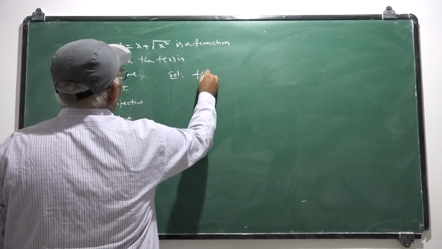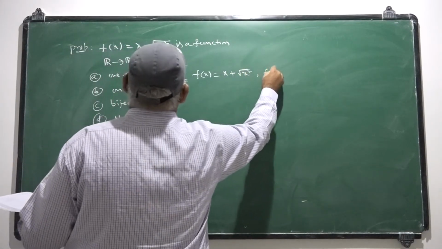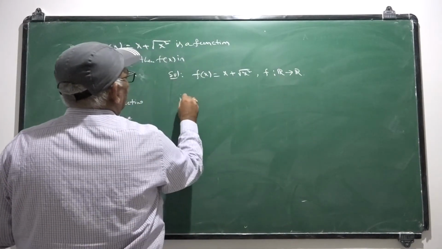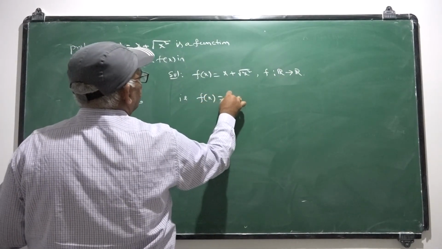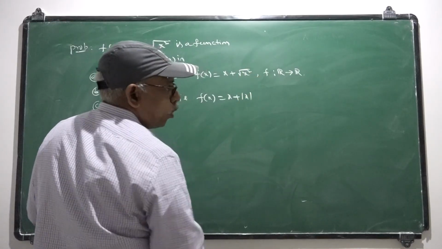Here coming to the solution, f(x) equal to x plus root x square, where f is defined from R to R. That is, f(x) equal to x plus root x square may be considered as x plus mod x.